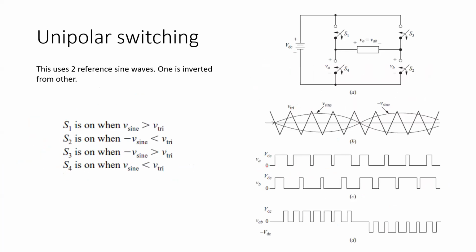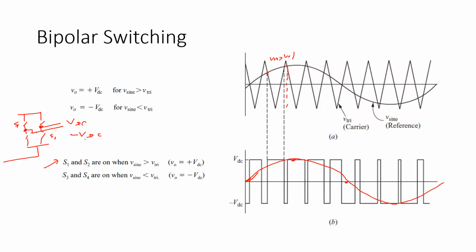Then you have unipolar switching. In unipolar switching, you don't switch to negative directly. In this configuration, you can have VDC and minus VDC.